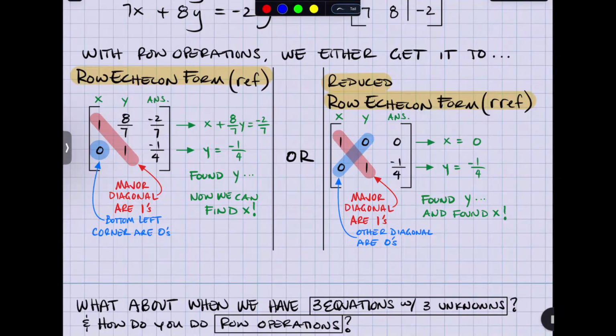But the major diagonal starts on the top left-hand corner and goes diagonally, like a slope of -1. That major diagonal will be all ones, and everything to the bottom left of it will be zeros. Okay? That is considered row echelon form.